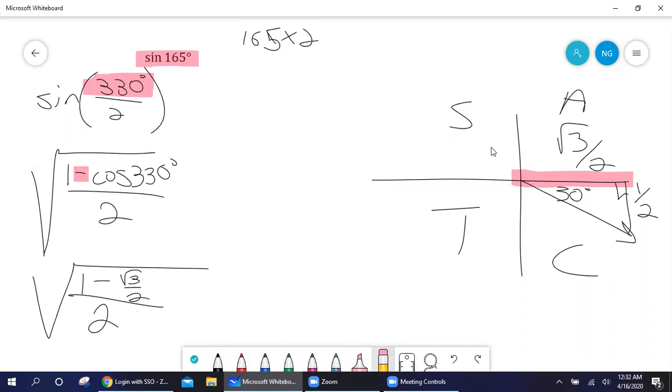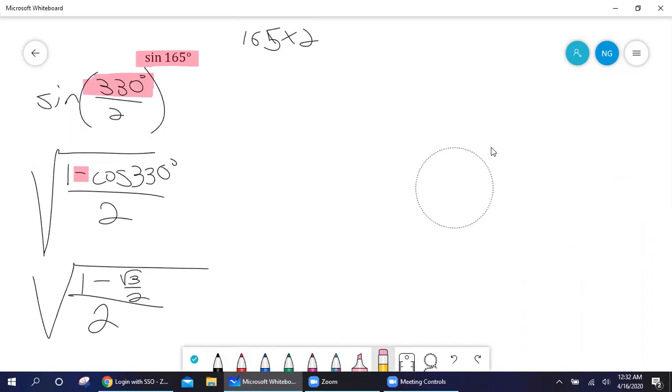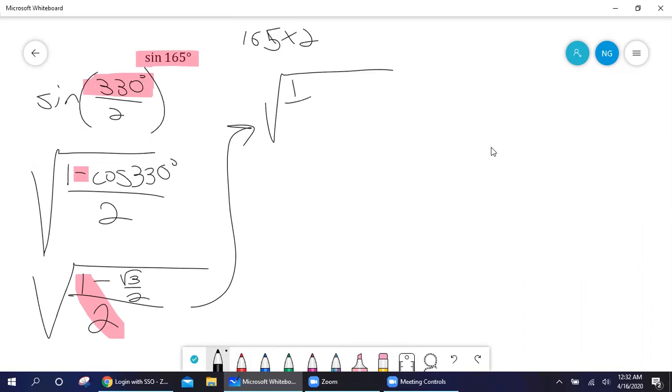Now, similar to what I've done in the notes for this, there's several ways you can attack this from here. I'm going to basically divide that 2 into both. So this would be square root of 1/2 minus, dividing the 2 into the root 3 over 2, root 3 over 4.